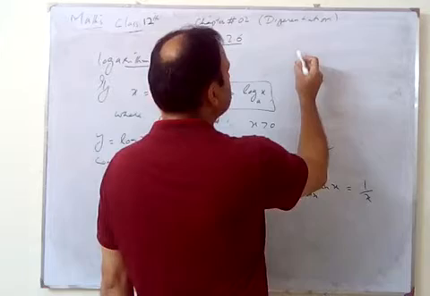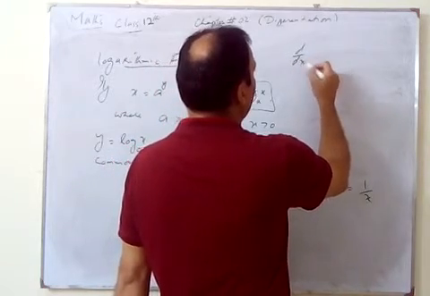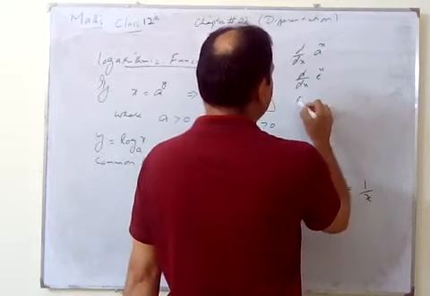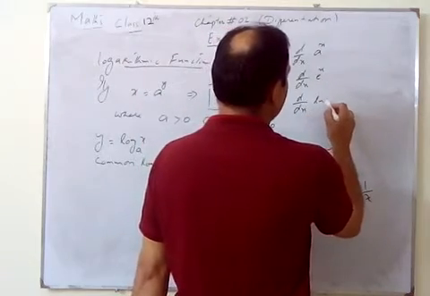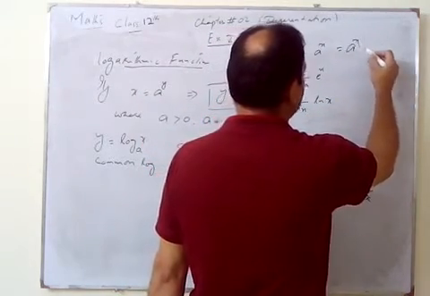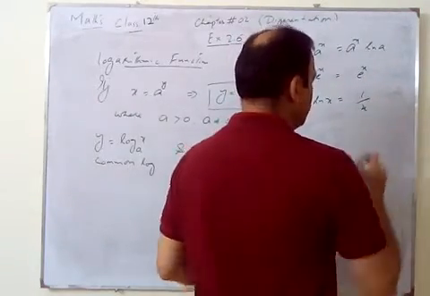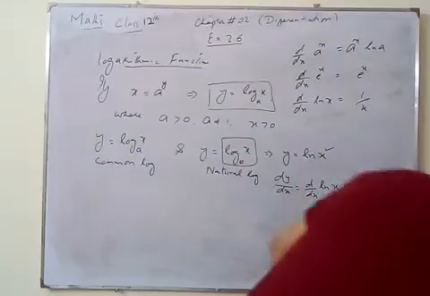So you have studied the derivative of a power x, the derivative of e power x, and the derivative of natural log of x. It is a power x log of a, it is simply e power x, and it is 1 by x. So these are the things.